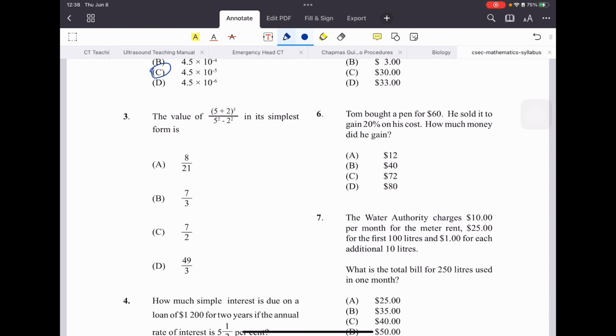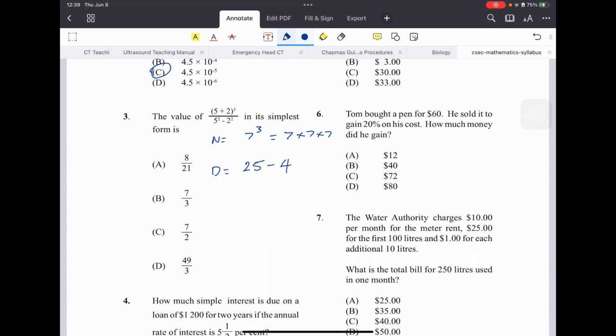The value of 5 plus 2 cubed divided by 5 squared minus 2 squared in its simplest form. So we can take the numerator, I will call it n, and work that out first. So 5 plus 2 is 7, and 7 cubed is, I'm not actually going to work that out, I'm going to write 7 by 7 by 7, and you will see why soon. And we can take the denominator now. 5 squared is 25, and minus 2 squared is 4.